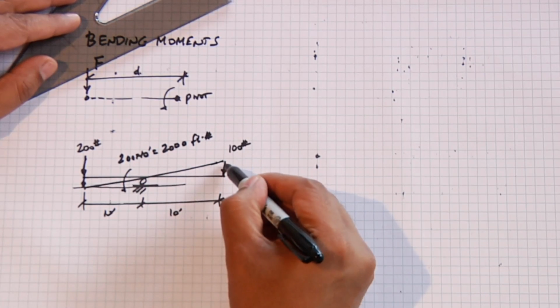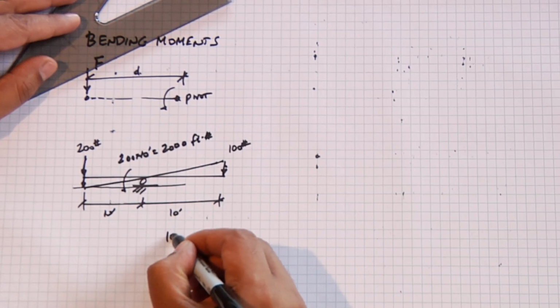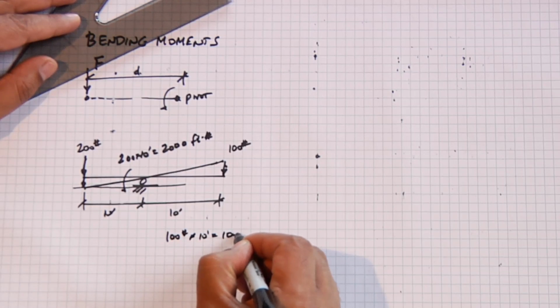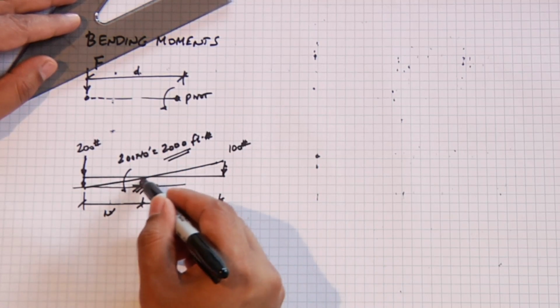The bending moment from the person on the right-hand side produces 100 pounds times 10 feet, or 1,000 foot-pounds. So the 2,000 supersedes the 1,000, and the seesaw tilts, in this case to the left.